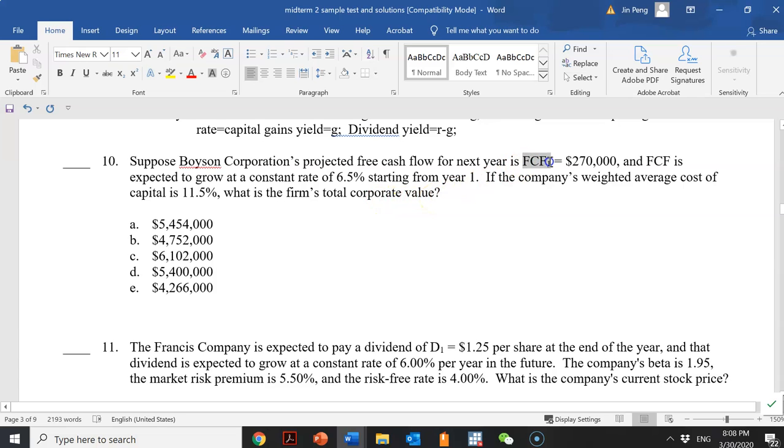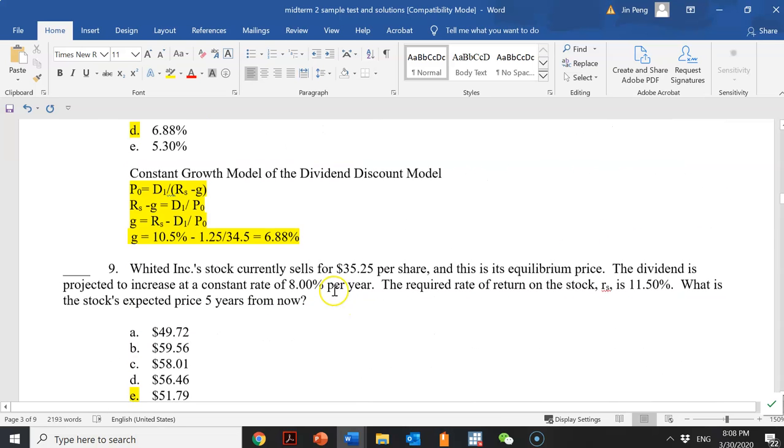Okay, so we know free cash flow 1, we know the constant growth rate, 6.5%, and we know WACC. So we can use the constant growth model setting of the corporate valuation model.